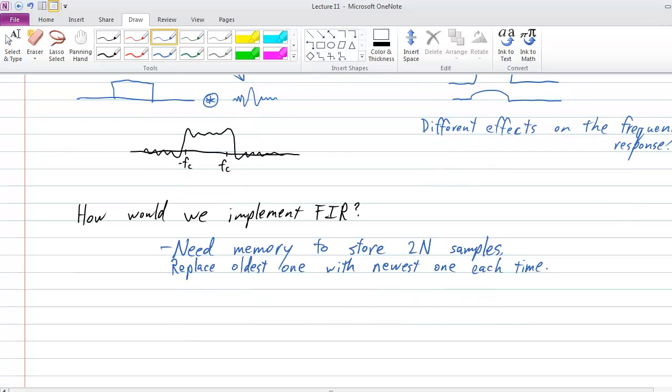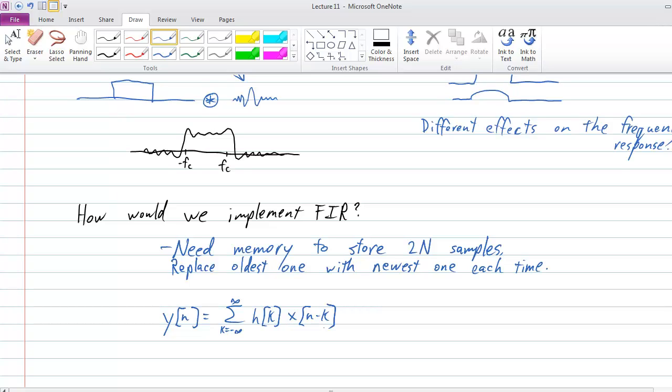And then if we write out what the convolution is that we need to calculate, y of n is the sum from k equals negative infinity to infinity of h of k x of n minus k.